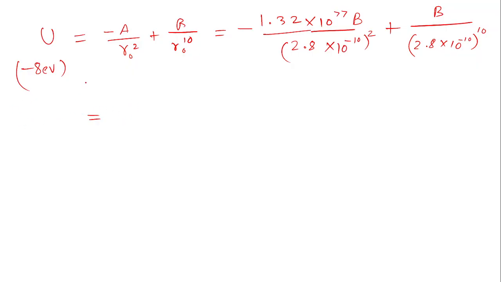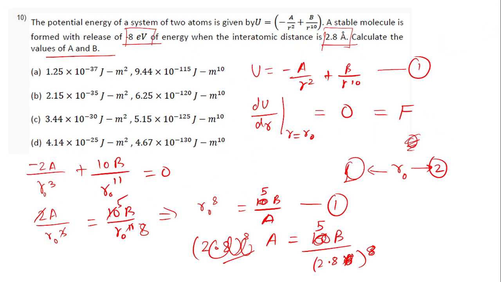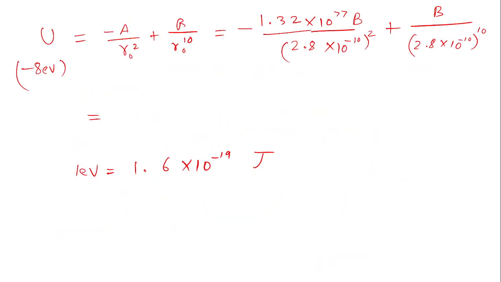Means 8 electron volt. One electron volt actually is 1.6 times 10 to the power minus 19 joule. Because the distance is in meters and all, the equivalent unit for energy is joule. So we use this here.